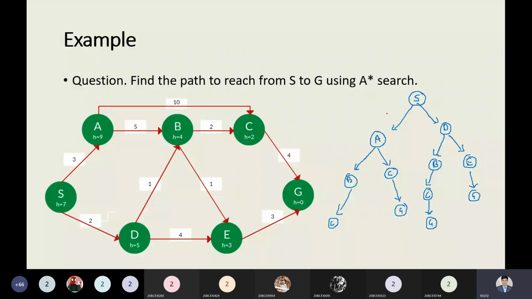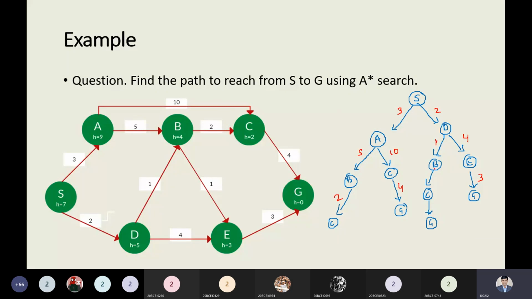So we have been given all the costs. S to A is given as 3. A to B is given as 5. B to C is given as 2. A to C is given as 10, and C to G is given as 4. S to D is given as 2, and D to E is 4, and E to G is given as 3, and D to B is given as 1.